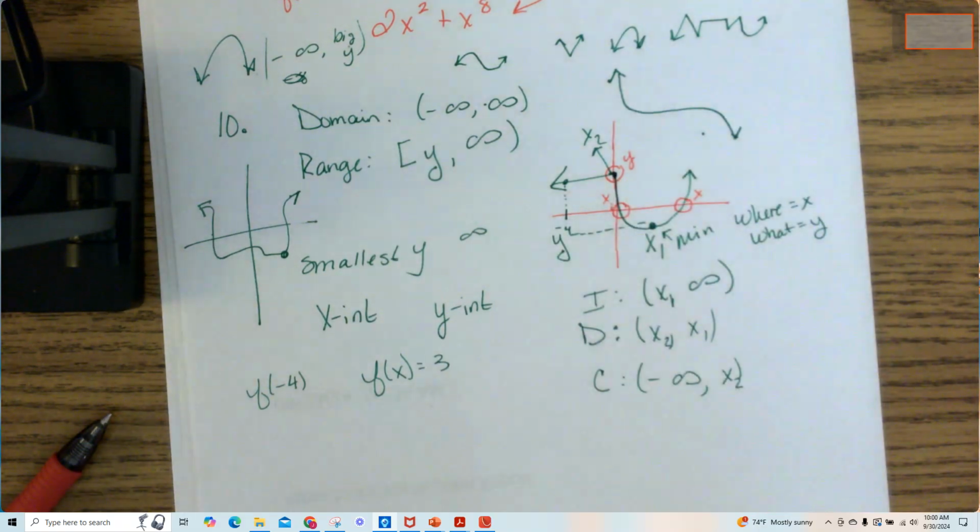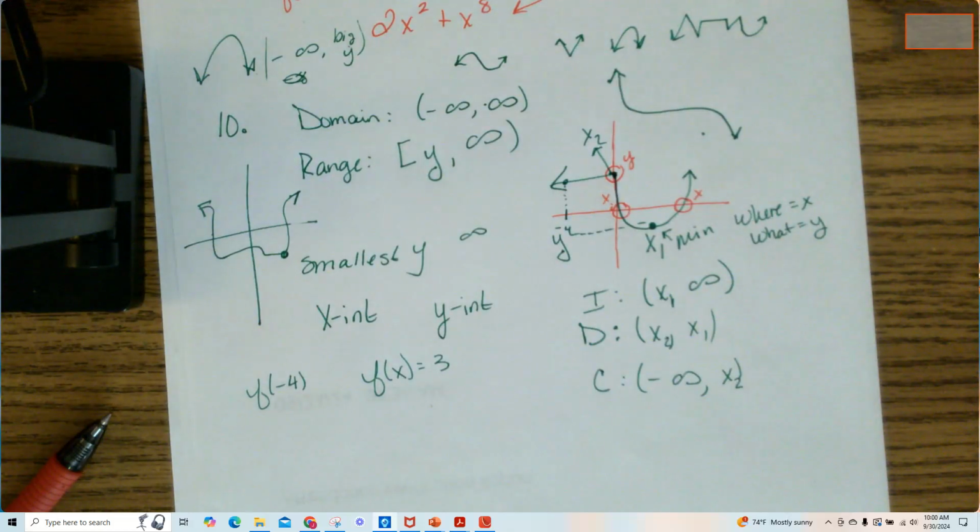You're looking for where y is 3, if it's phrased like that. Well, what is the rightmost? Oh, that would be this one. So 5. Yes, because that's the rightmost value.